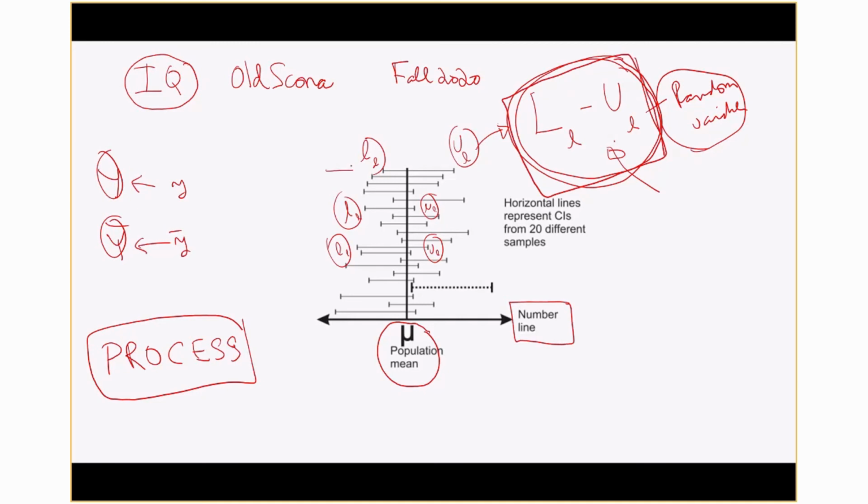So there's one possible, there's another. A random variable is the set of all possible intervals we can construct. We're going to go through a process such that 95% of those intervals would cover the mean.